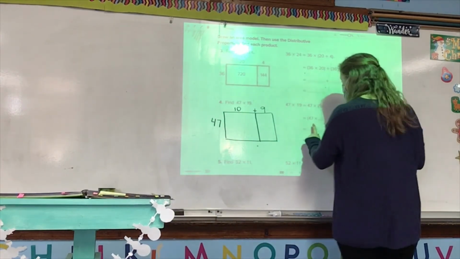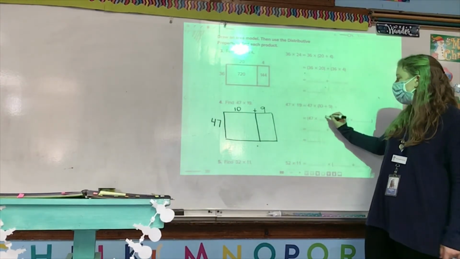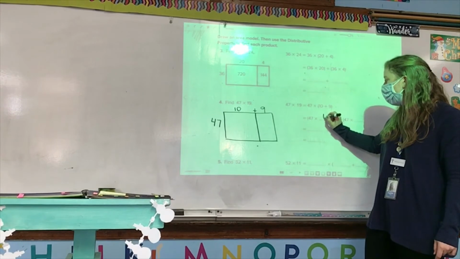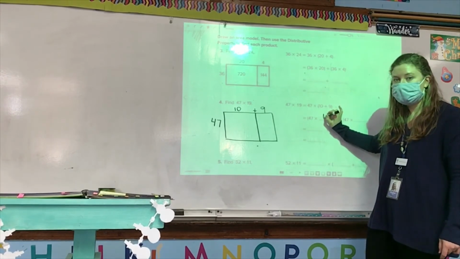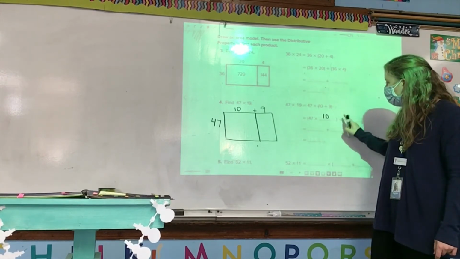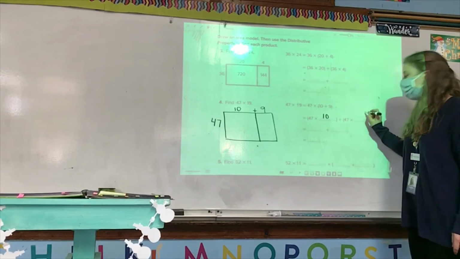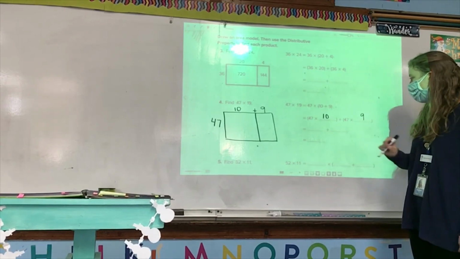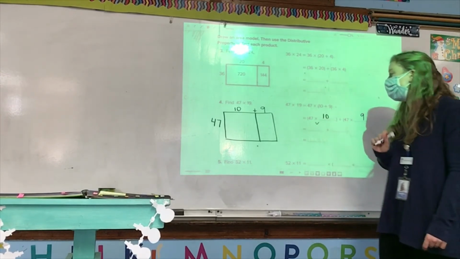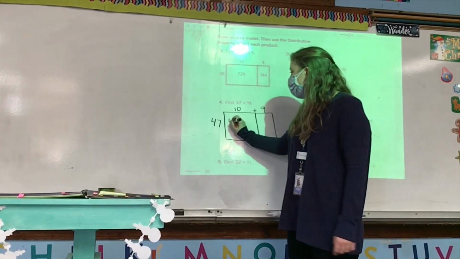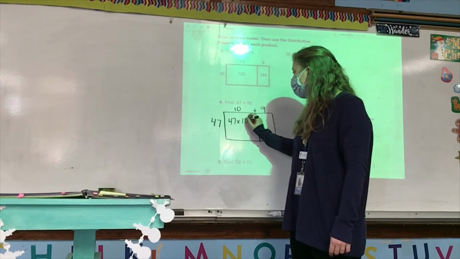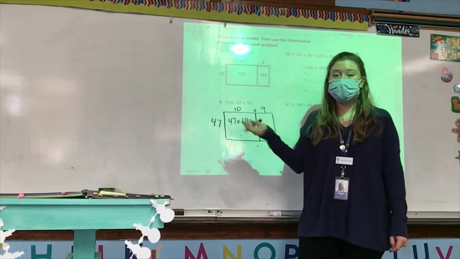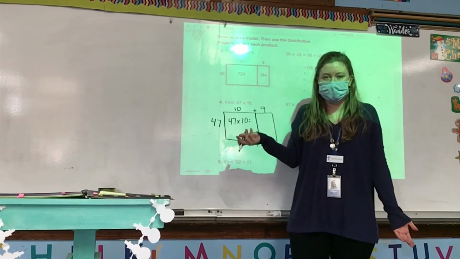So now we know we're solving 47 times what, Zari? 10. Plus 47 times 9. Now we just need to solve. Well, Zari, 47 times 10. We know how to solve that without having to put it up and down.